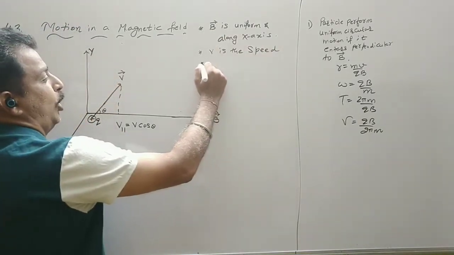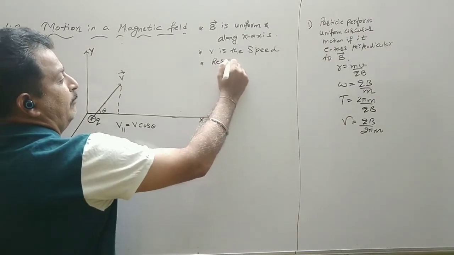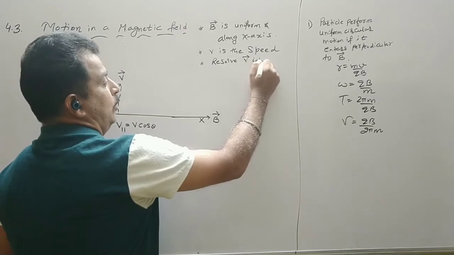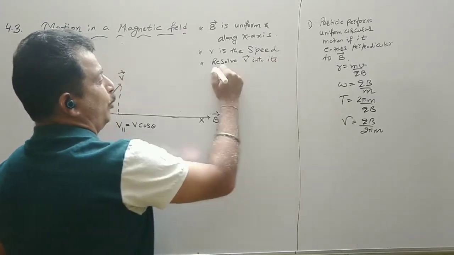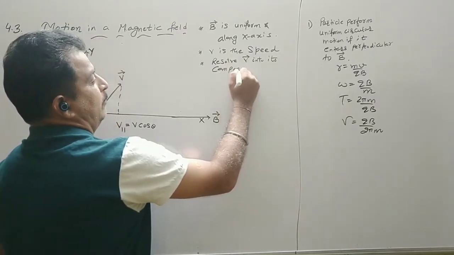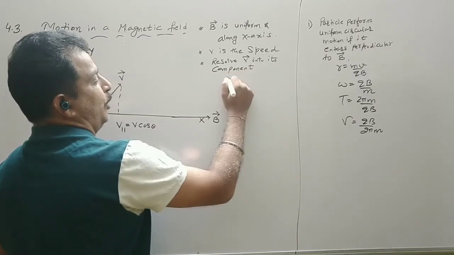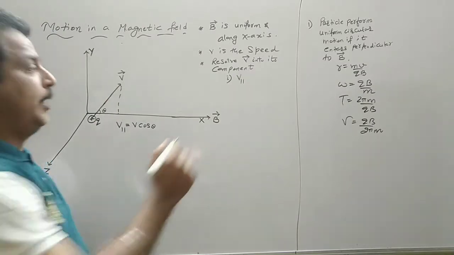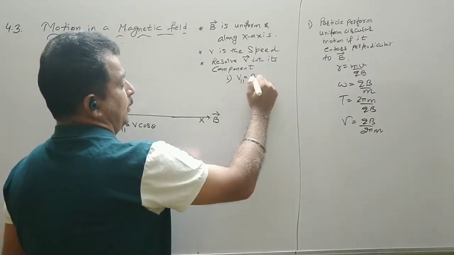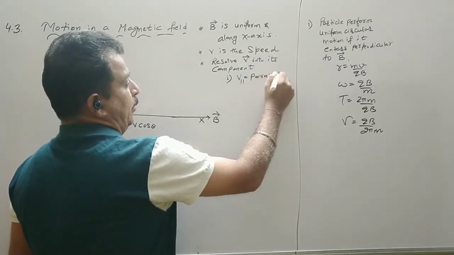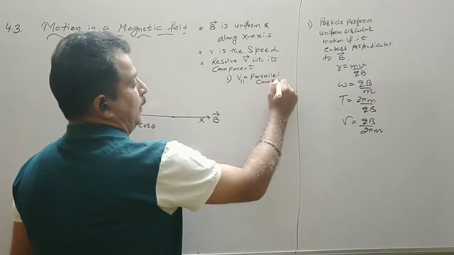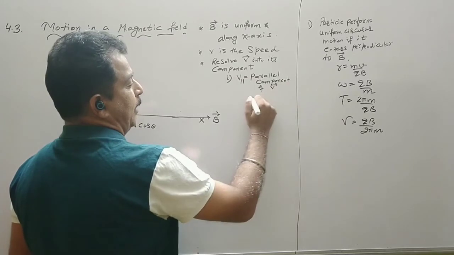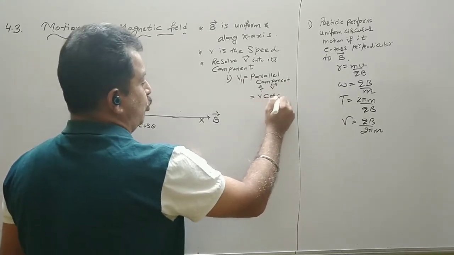Now when we resolve the V vector into its components, number one, V parallel, we call it the parallel component of the V vector, and its formula is V cos theta.